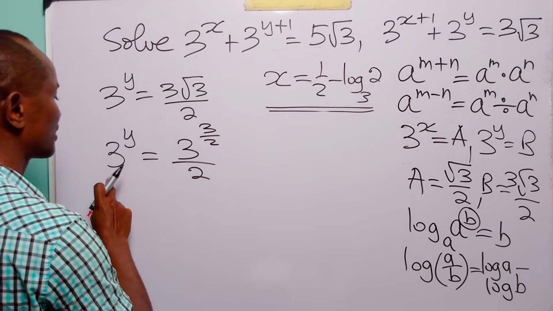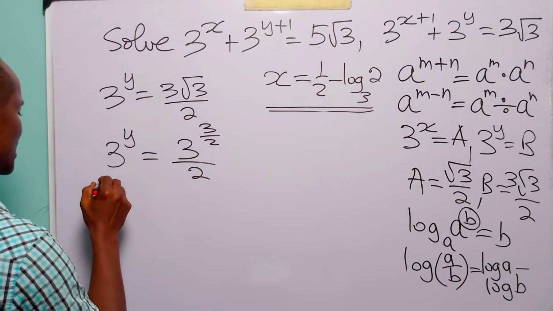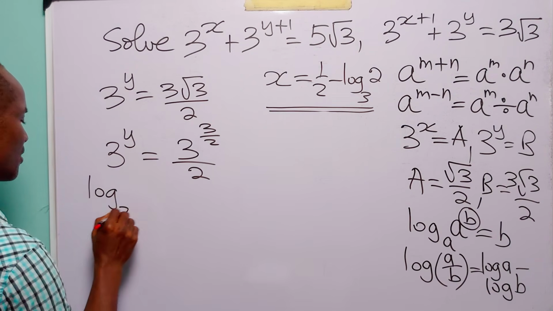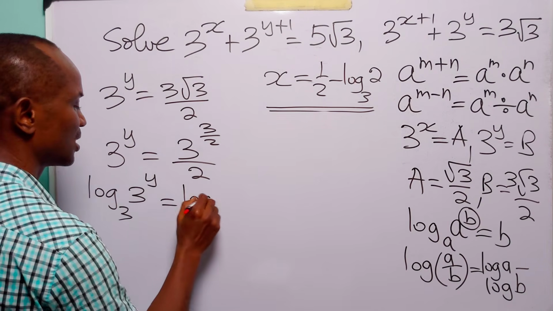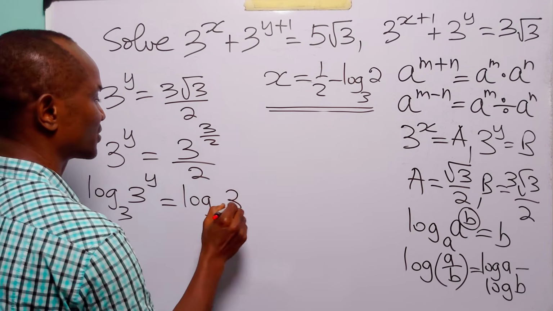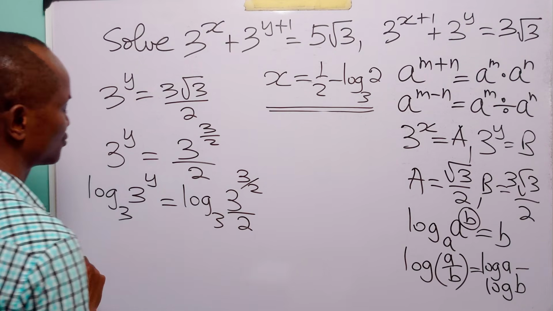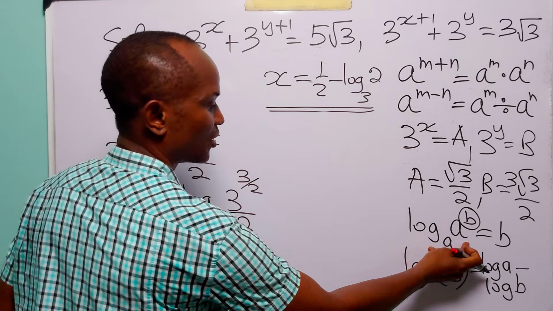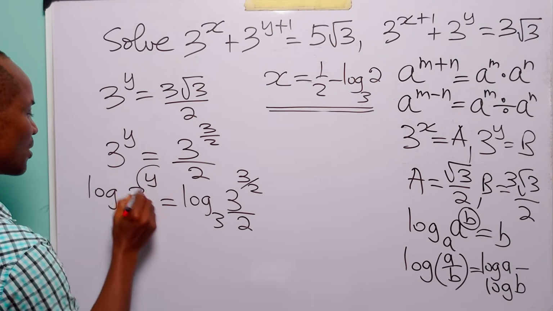Now, once more, we take log to base 3 of both sides of this equation. When we do that, we have log to base 3 of 3 to the power y is equal to log to base 3 of 3 to the power 3 over 2 divided by 2. Once more, according to this rule, log to base 3 of 3 to the power y is equal to y.